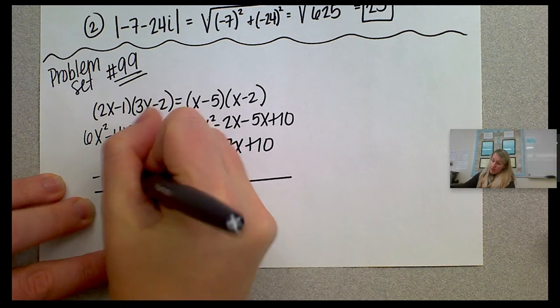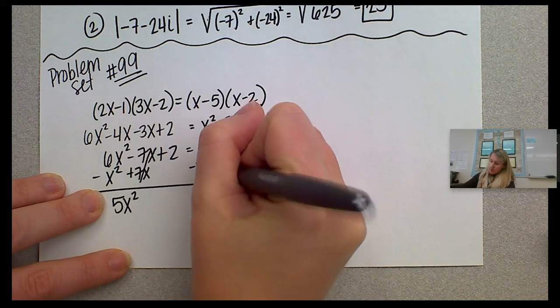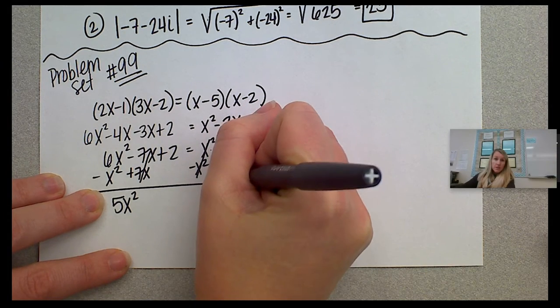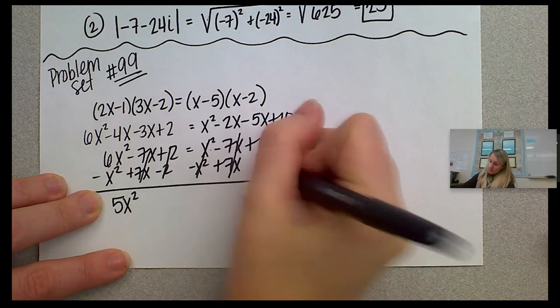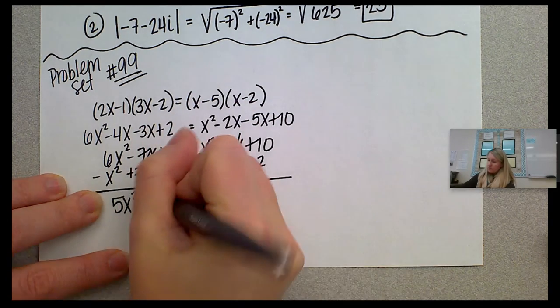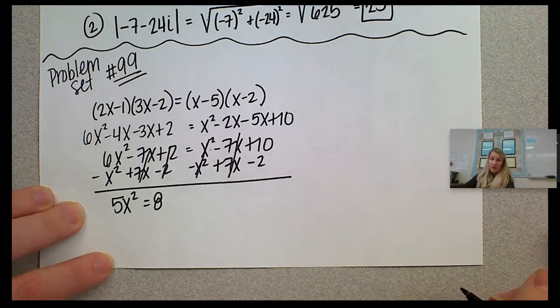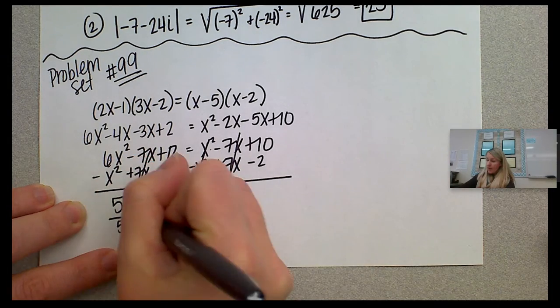When I move my linear term, what I notice happens is they cancel, because negative 7 plus 7, I have no more linear term, which is good because if that was there, I couldn't use square roots. But I can move this constant as well. Okay. So that's looking better. I would just divide both sides by 5.